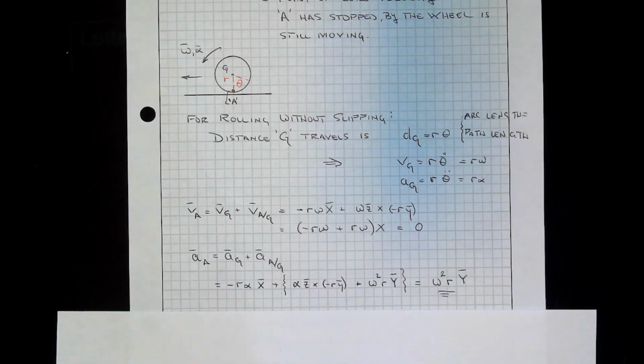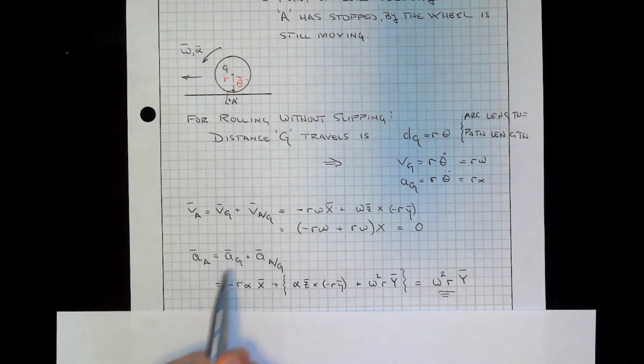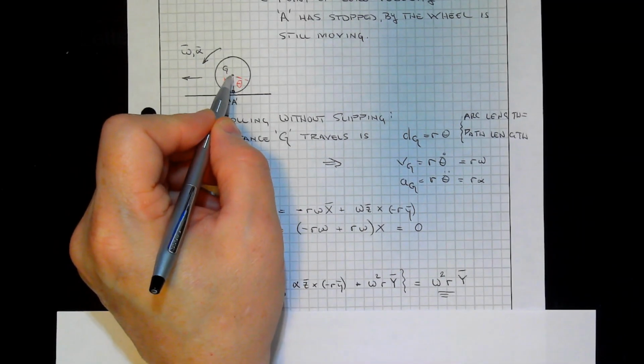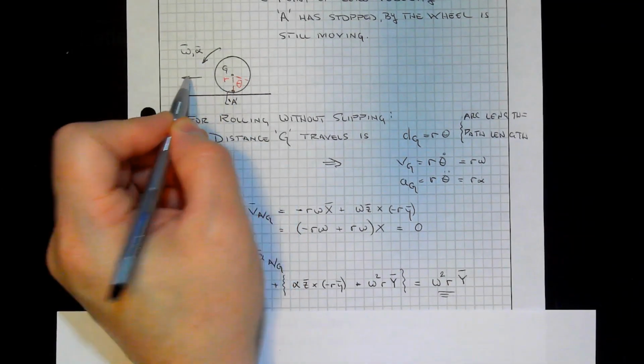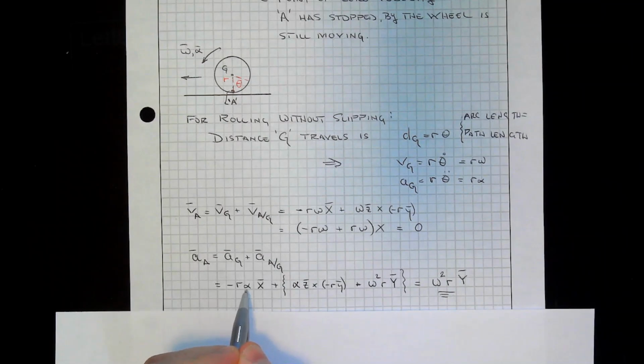That's its next motion. So if we look at the acceleration of A, a_G is minus r alpha. This has no normal acceleration. What does G do? G just purely moves in the horizontal. So this was based on path length: a_G is minus r alpha x, there's the acceleration of G.